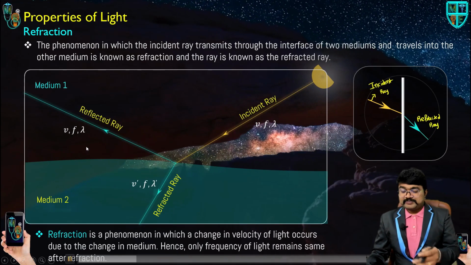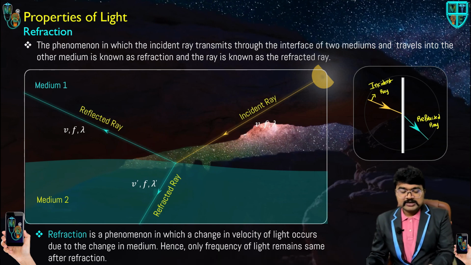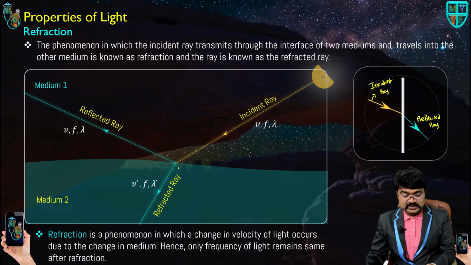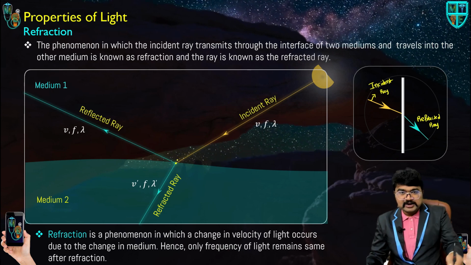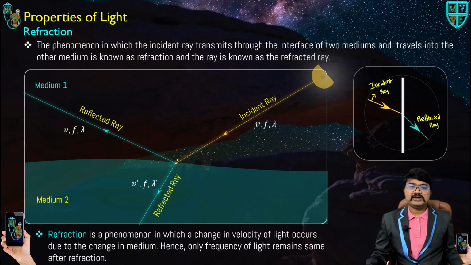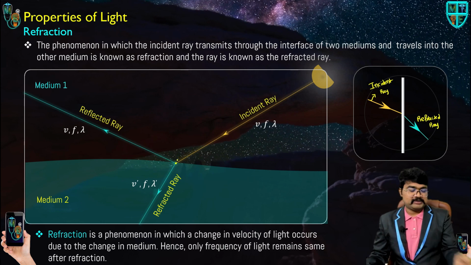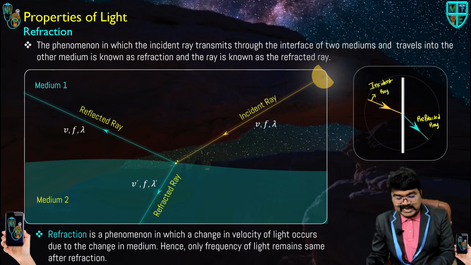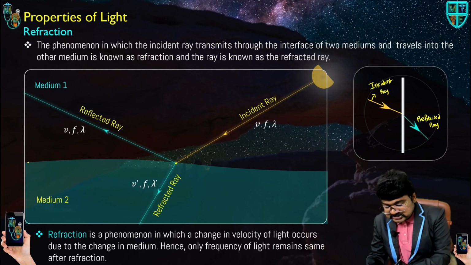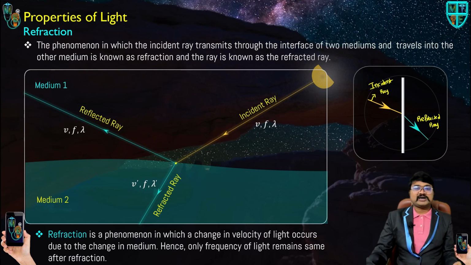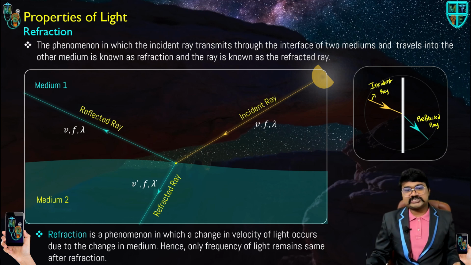I repeat this: the phenomenon in which the incident ray transmits through the interface of two mediums, transmits into the other medium, and travels into the other medium. Understood now? Here this is the interface, and it transmits through the interface of the two mediums. So that is refraction.